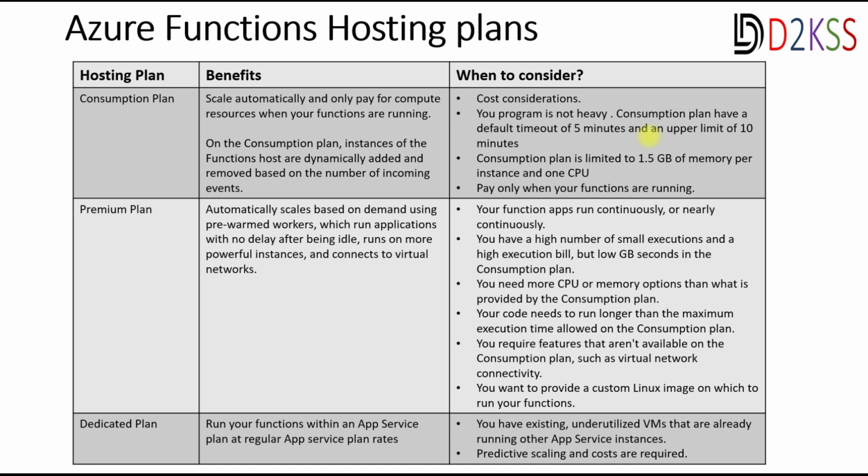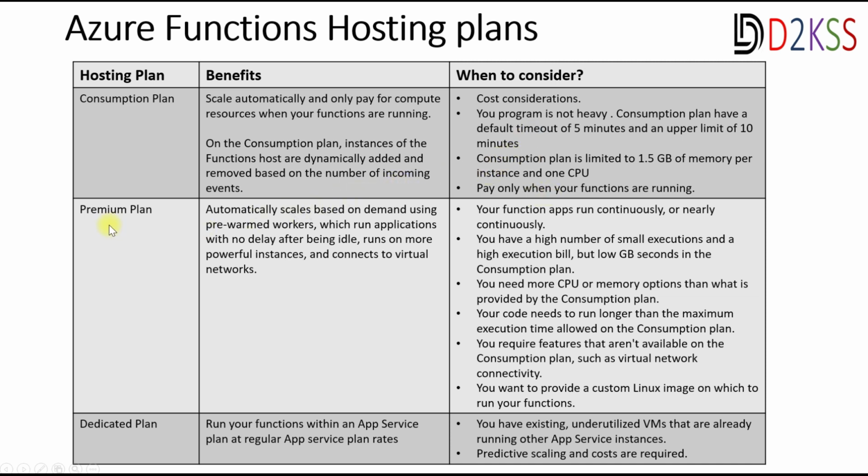When you are using the consumption plan, you need to consider that your program is not heavy and its execution can be completed within 5 to 10 minutes. In the consumption plan, the default resources allocated are 1.5 GB memory per instance and 1 CPU, and you pay only for whatever resources are used.